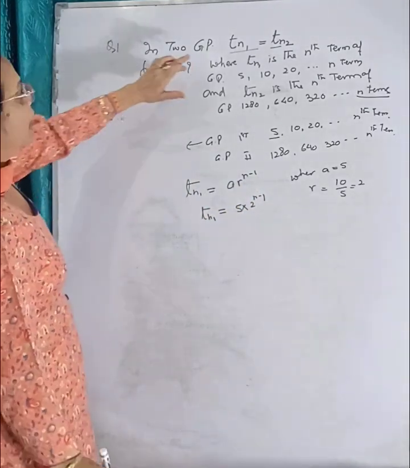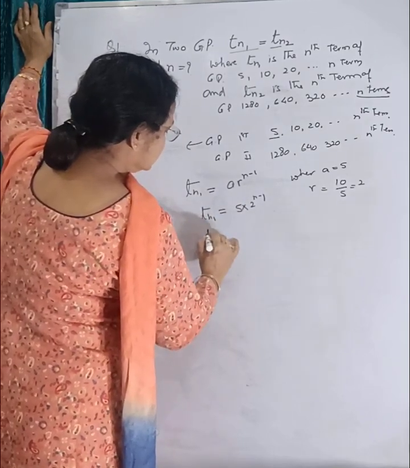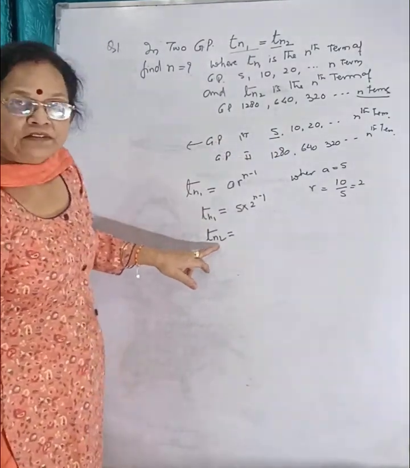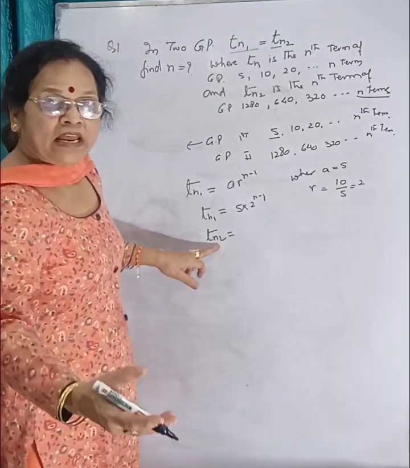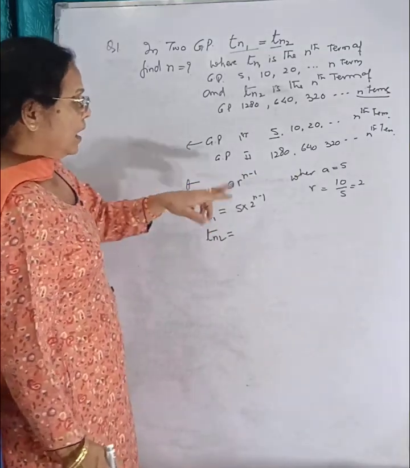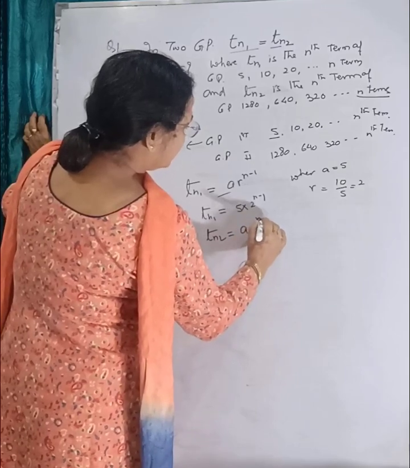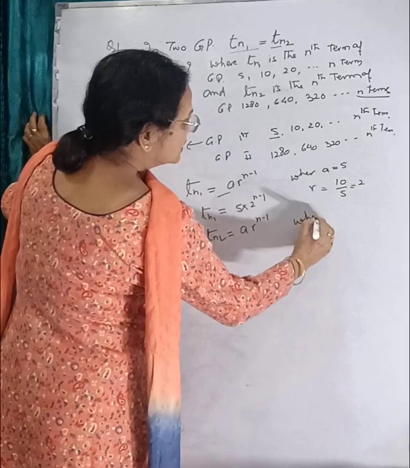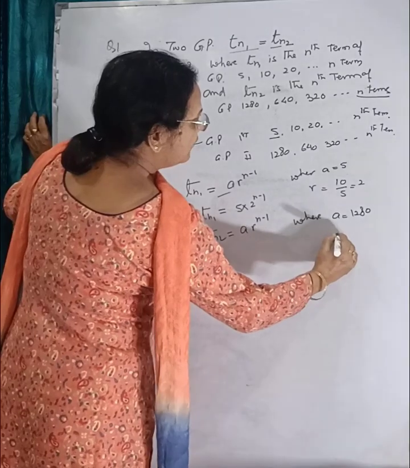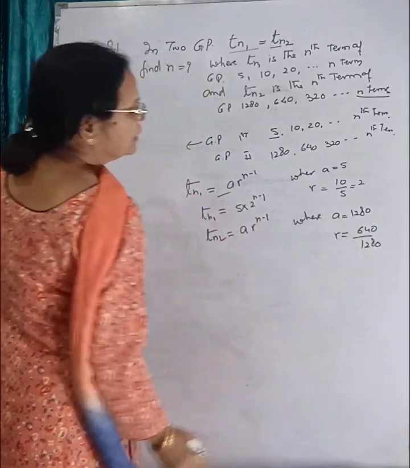Similarly, Tn2 is the nth term of the second GP, and 2 is the suffix to represent that we are taking another GP. In place of the first, we are taking the second one. We can write it as per this formula, a into r to the power n minus 1, where a will be equal to 1280 and r will be equal to 640 upon 1280, that is 1 by 2.